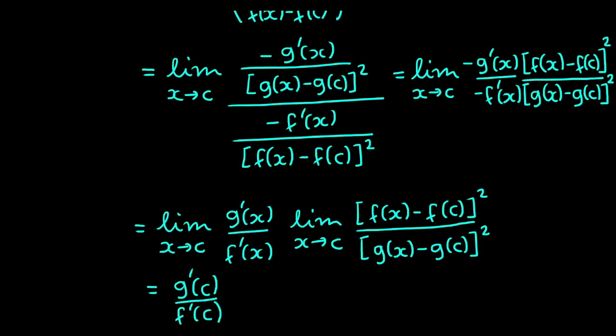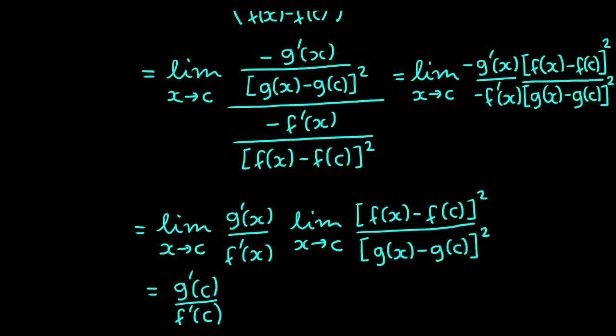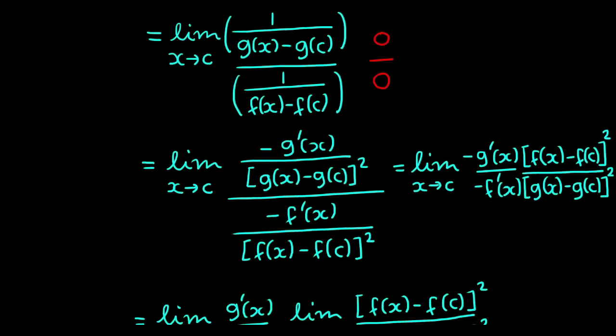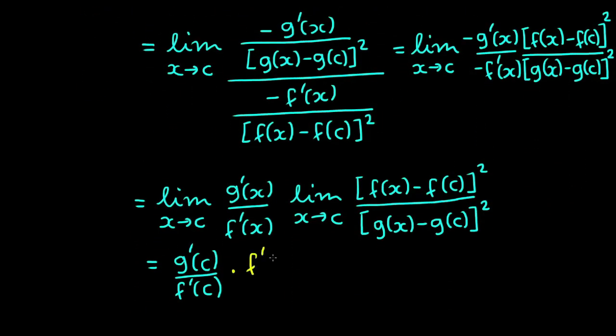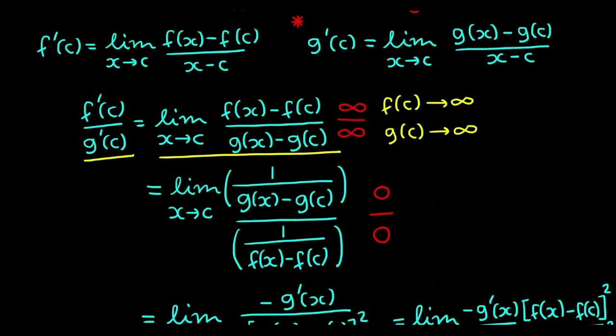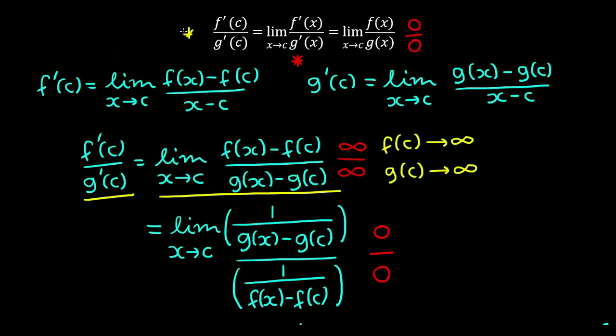And for the second limit, we can also apply the product rule and recognize that this limit is f dash of c on g dash of c. So that will be f dash of c squared on g dash of c squared, which effectively equals f dash of c on g dash of c. And we've thereby shown that L'Hopital's rule works for limits of the indeterminate form infinity on infinity.